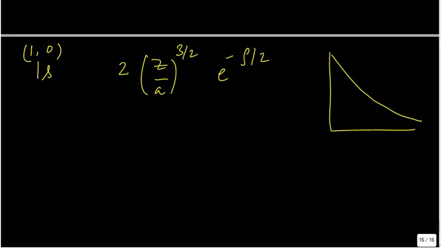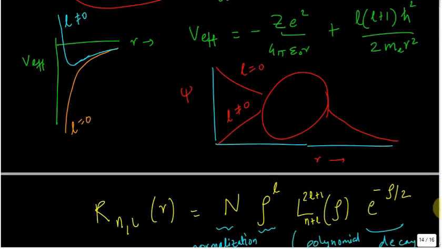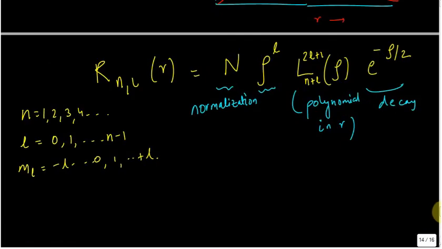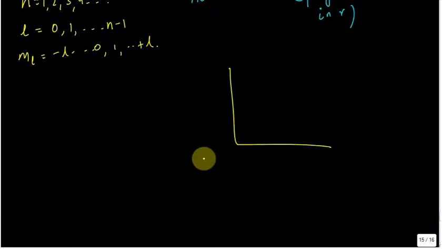Sorry, I forgot one thing. If I go back to this, rho to the power L. If I look very close to the nucleus at very small radii, then if I plot the wave function for L equal to 0, it would look like that. It's decaying. For L not equal to 0, that is L equals 1, I have rho to the power 1. So for very small distances, this would be a straight line to start with.